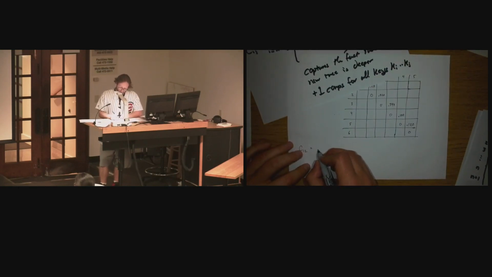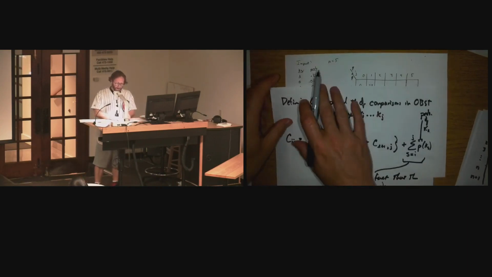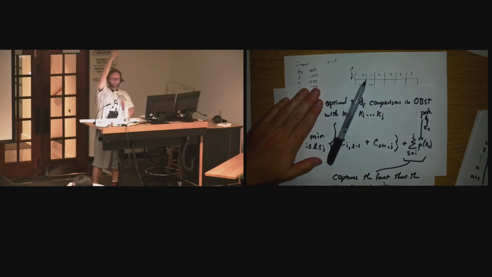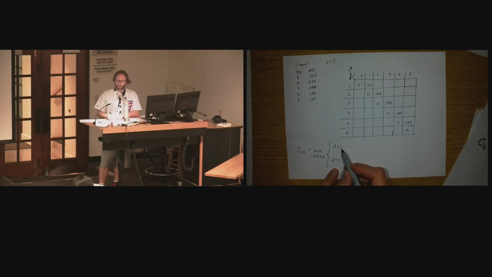The way I'm going to present this is the minimum of l from 1 up to 2 of the following. So I'm going to put both of these in here: l is 1 or l is 2. If you have just keys A and B, you can either put A at the top and B as a right child, or you can put B at the top and A as the left child. Those are the only two options. By l being 1, split it at 1 and put B as the right child, or split it at 2 and put A as the left child.